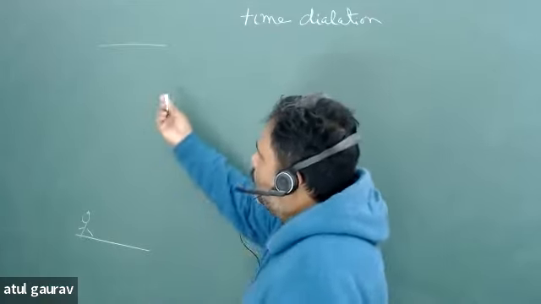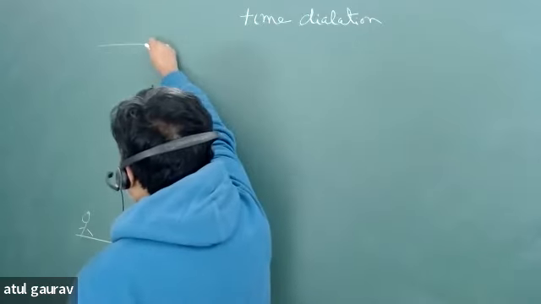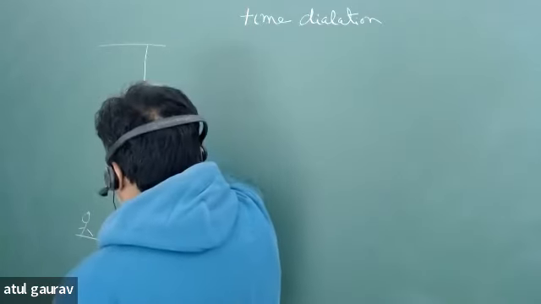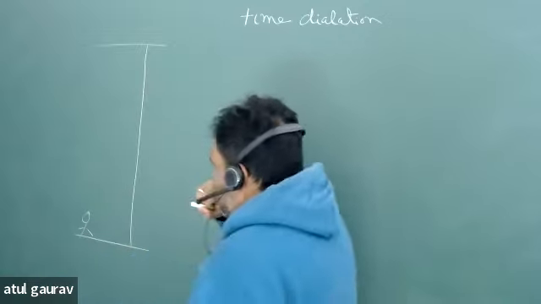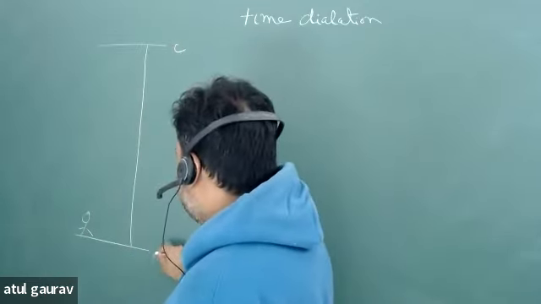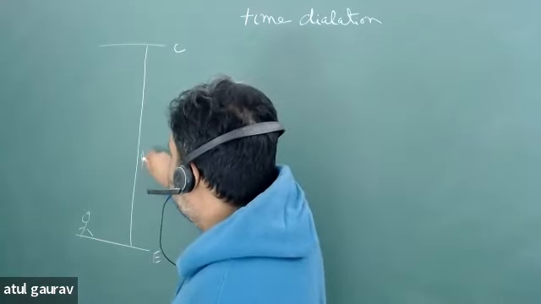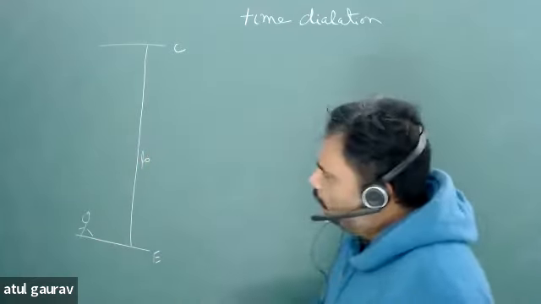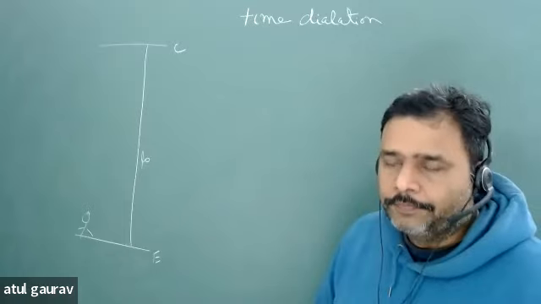So let us assume, and this is theoretical knowledge, the distance between this cosmic plane and the surface of Earth is, let's say, L0. So this is the complete distance.